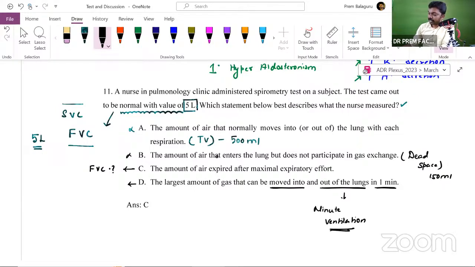This represents minute ventilation, doctors. Again, this is not forced vital capacity. So answer C is going to be the best answer. Forced vital capacity is going to be 5 liters. That is the amount of air that can be expired with maximum expiratory effort after a full deep inspiration. That's option C, forced vital capacity, doctors.